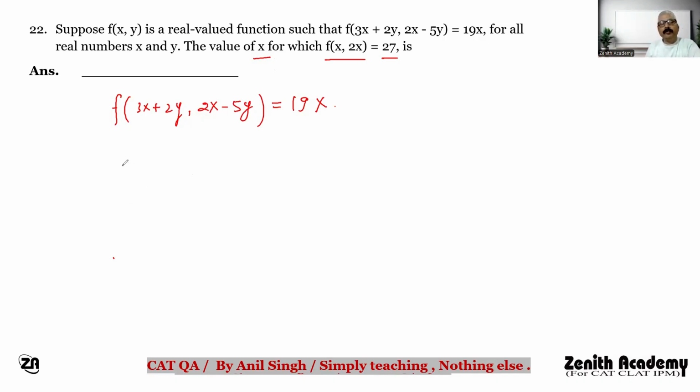So let 3x plus 2y be equal to a and 2x minus 5y be equal to b.